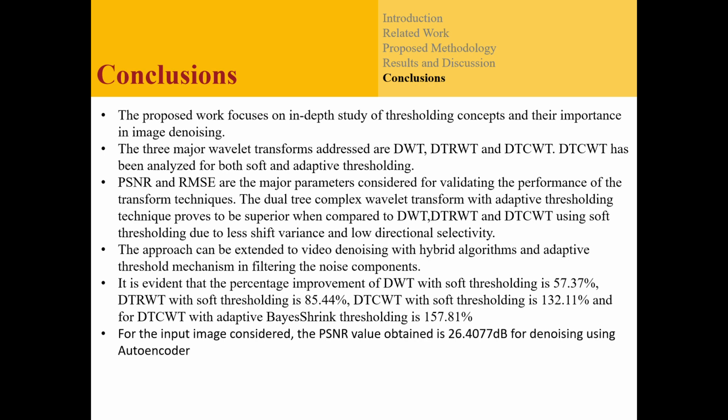We can see the percentage improvement of the filtering techniques, where in DTCWT the percentage for soft thresholding and adaptive thresholding is higher compared to the DWT and DTRWT. So by this we can conclude that the image can be denoised with the filtering techniques, and we have done this using the dual tree complex wavelet transform.